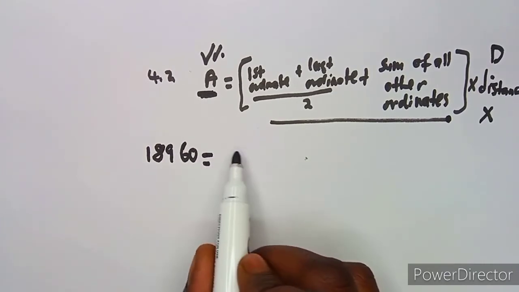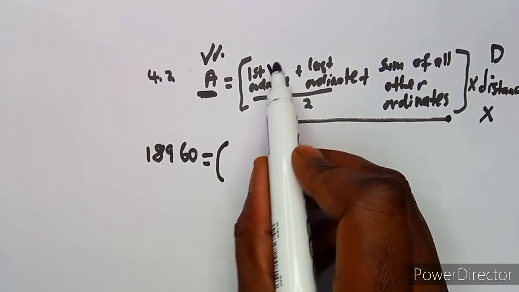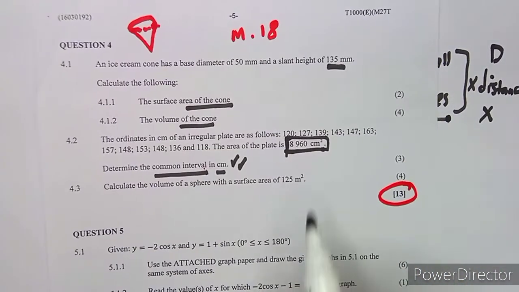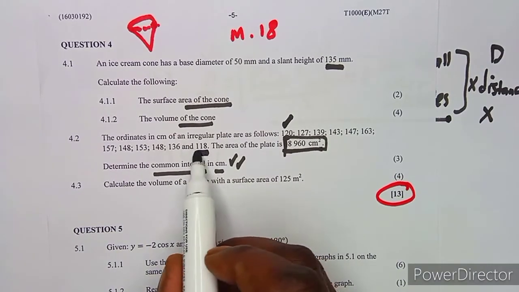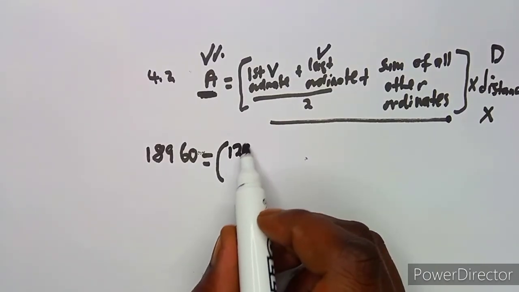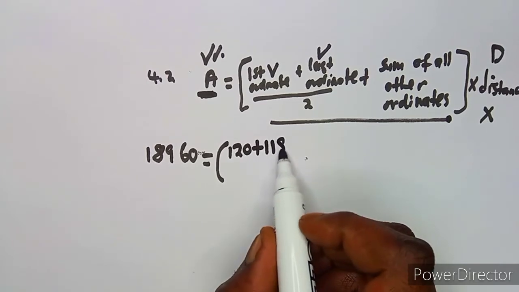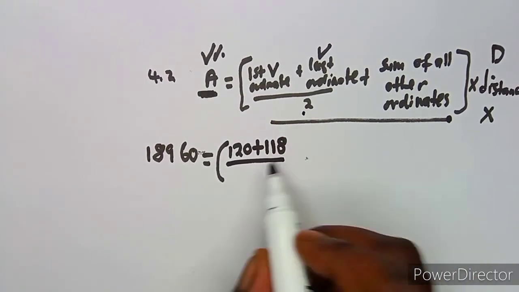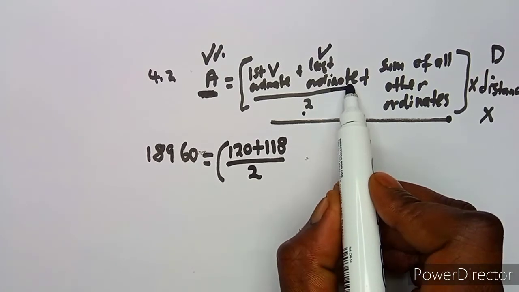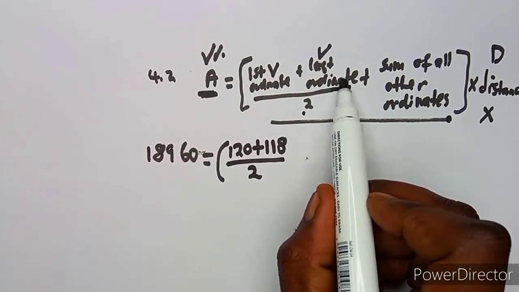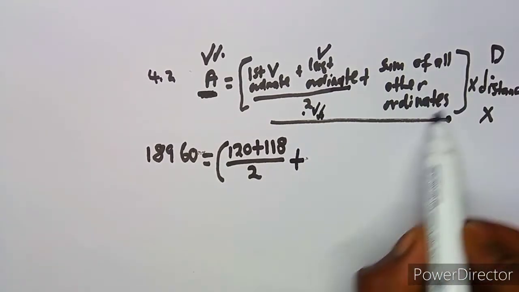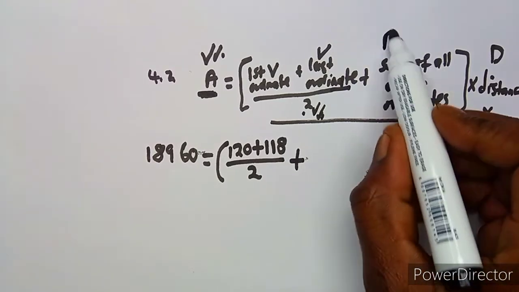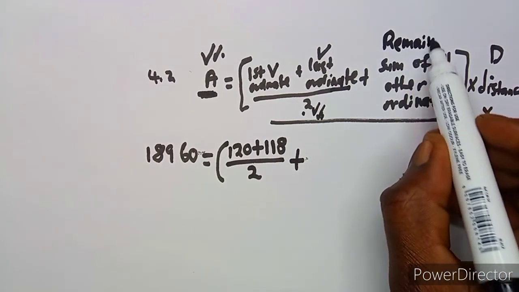18,960 is equal to the first plus the last ordinate, which is 120 and 118. So you add the two there: 120 plus 118 over 2, which is part of your formula, plus the sum of all other ordinates, which is all that is remaining.